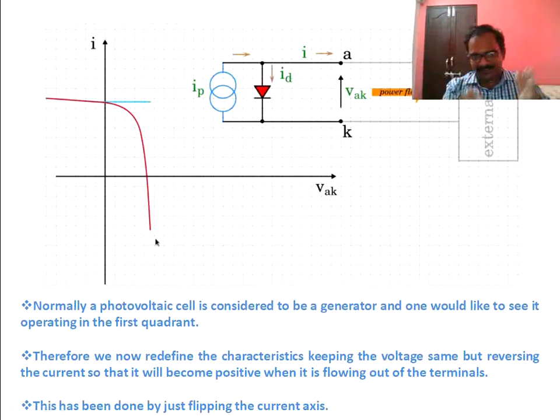For our appearance it looks like a positive current. We are just flipping the current axis, that's it. If I flip the axis, the curve which is in the negative quadrant will come to the positive quadrant. That's it, for our psychological convenience.